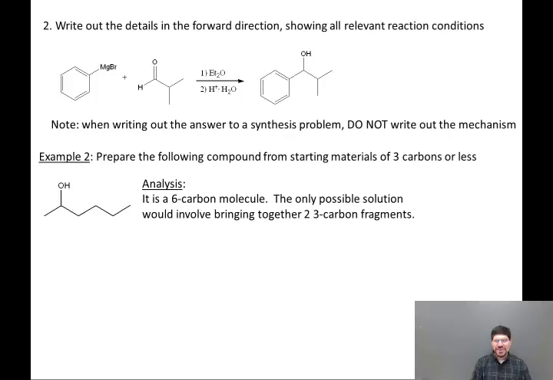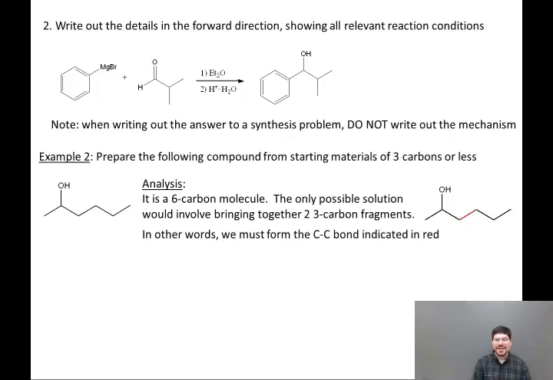So it's a 6-carbon molecule, and the only way that you can form it from starting materials of 3 carbons or less would involve bringing together 2 3-carbon fragments. In other words, we must form the carbon-carbon bond indicated in red.